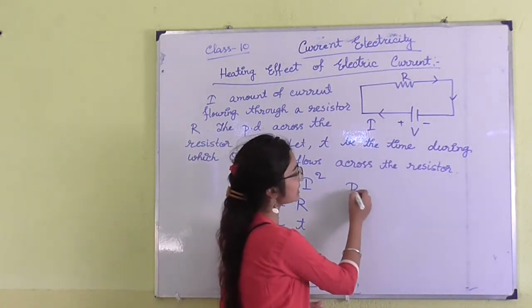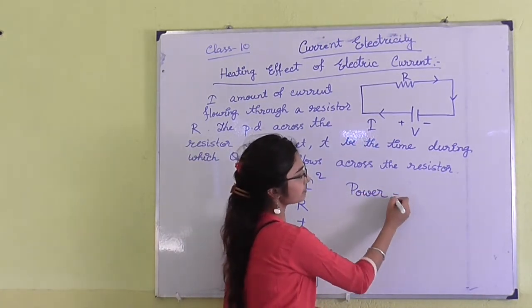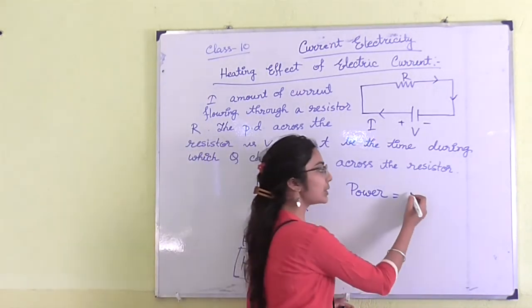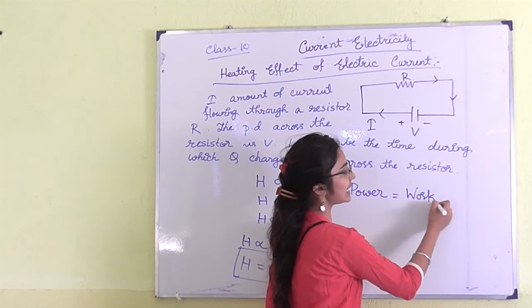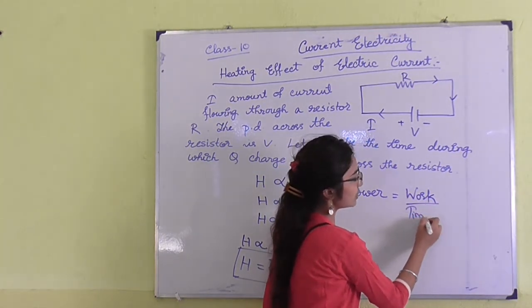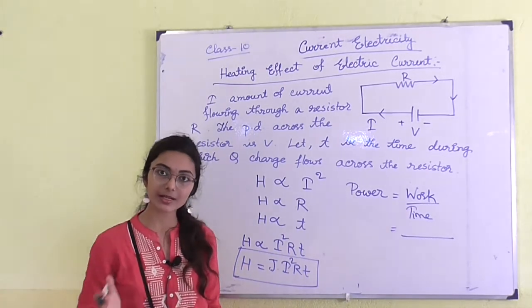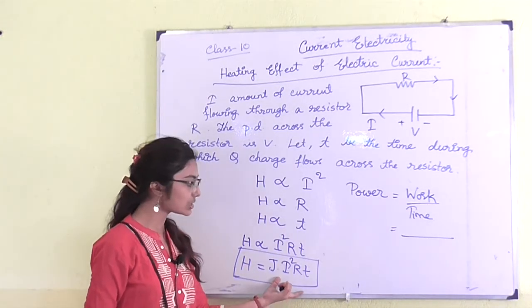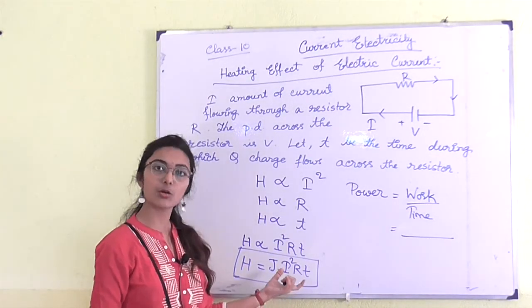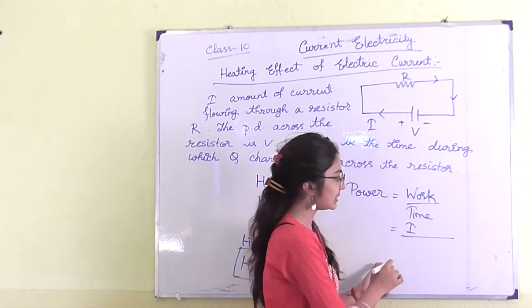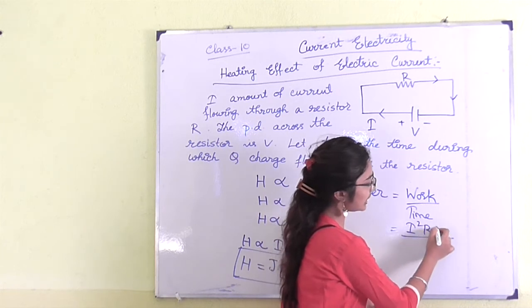So there is a new concept, that is power. Power is basically work done per unit time. Here work done means the electrical energy, and electrical energy is converted into heat energy. So this is also a form of work done or form of energy. Heat is a form of energy, and energy can be converted into work.